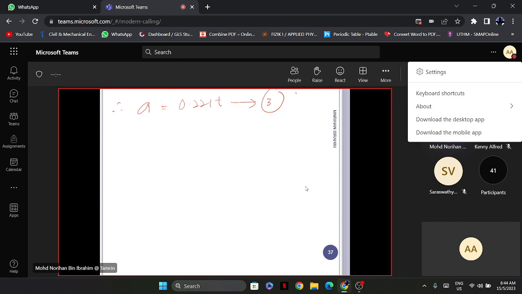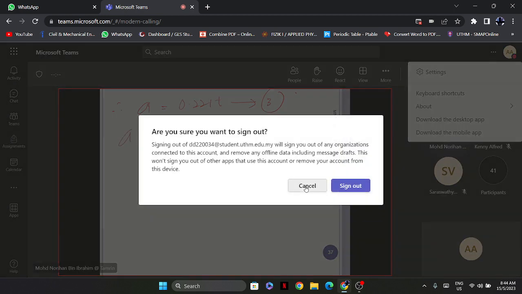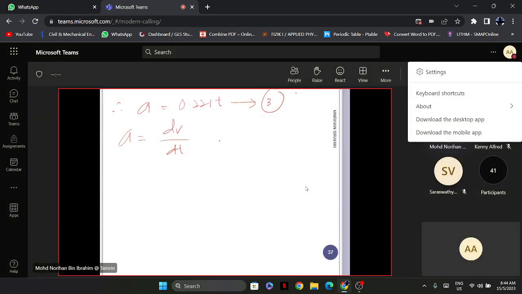The velocity. And we know that based on the previous one that you learned in chapter 2, we have the variable kinematic equation of motions, which is a is equal to dv over dt.